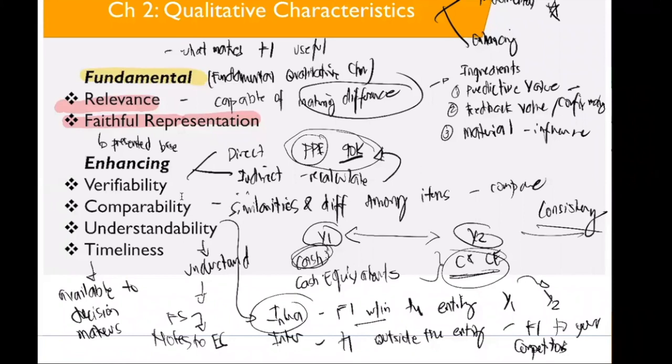What if the financial information provided to you is 1 year late? Of course, you cannot make a timely decision because that financial information pertains to 1 year before, not as of now. Okay, so for your financial information to be useful, it must also be timely. It must be presented timely as the need to make decision arises.